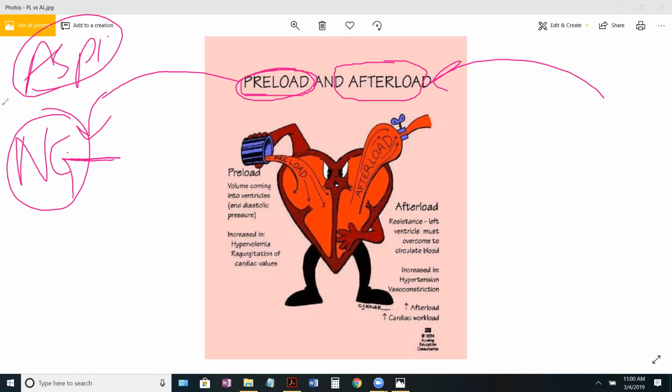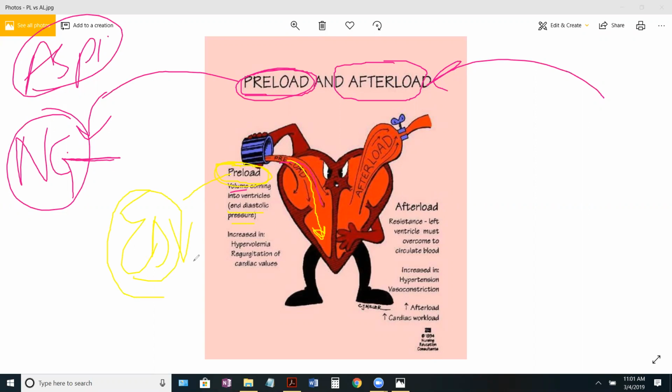So preload is the volume coming into the ventricles, and remember, in what phase of the cardiac cycle does the volume come into the ventricles, systole or diastole? Diastole. So end diastolic volume or end diastolic pressure is an indicator of the preload. Never forget this point. If the examiner is telling you end diastolic volume, technically he is telling you about the preload, because preload is not a technical medical term, and end diastolic volume is the true medical term to describe the preload.